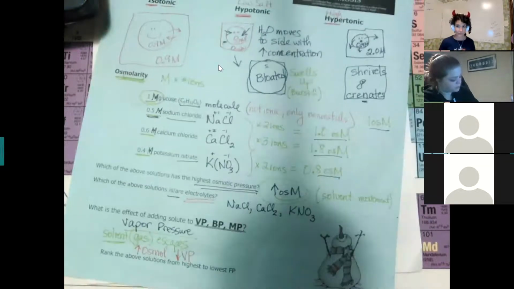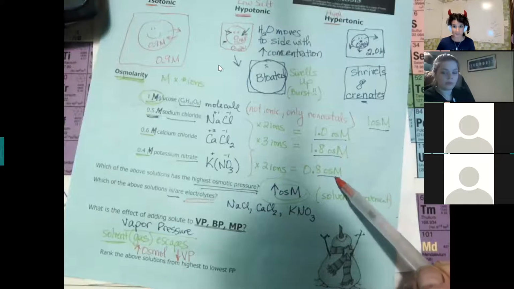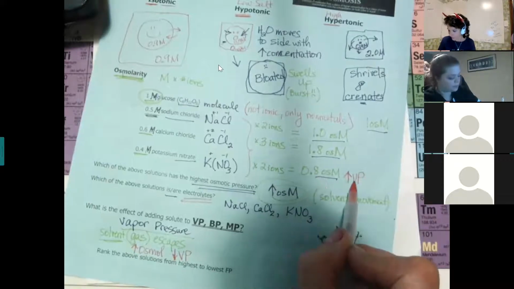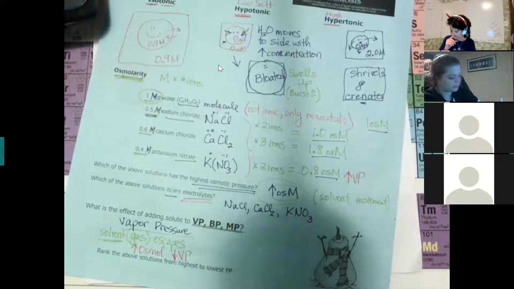So the more solute you have, less escapes because it wants to stay in the solution, because the more the merrier. Kind of like the opposite of what's going on right now, where we're not allowed to be around, the more the merrier. So the smallest one would have the highest vapor pressure. There's not as much solute. So less solute, higher vapor pressure. You already got a bonus point though, Brittany.